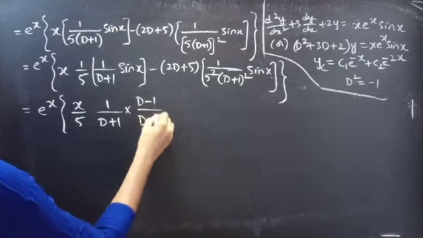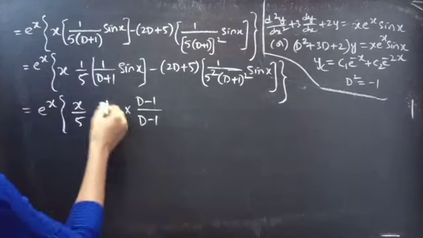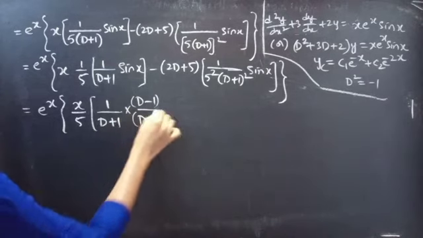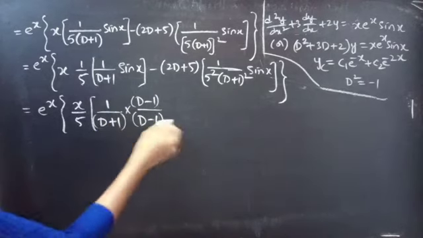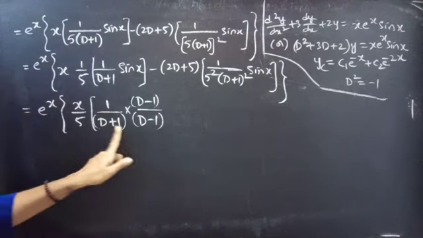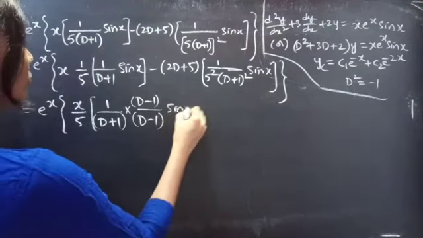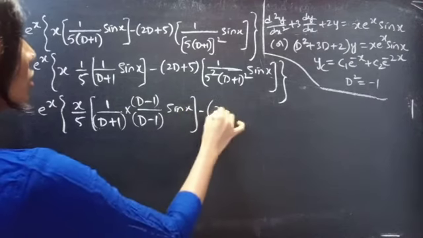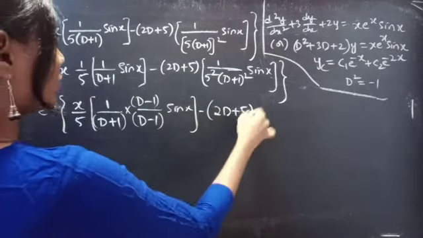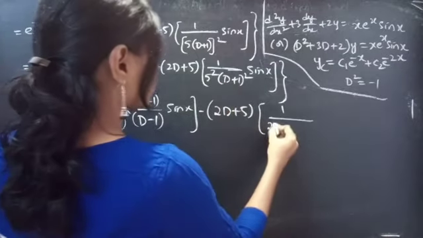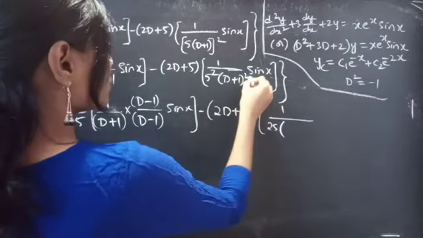Multiply and divide by d minus 1 in this fraction, we'll get 1 by d plus 1 into d minus 1 by d minus 1 into sin x, minus 2d plus 5 into 1 by 5 square, which is 25, into d plus 1 whole square.